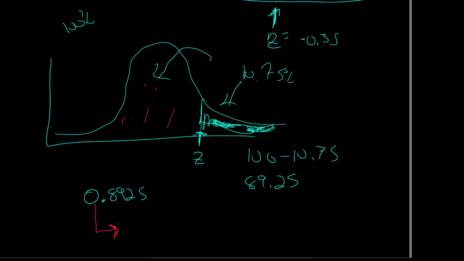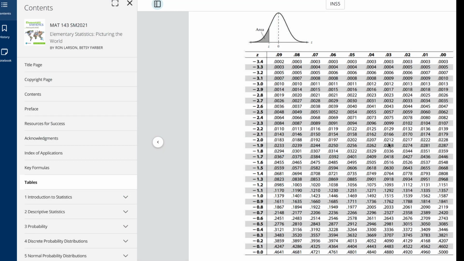We're going to go back to our table and look for this. Again, this number is greater than 50%, so it's going to be in the positive z-scores. Drawing the graph and knowing where our things go usually helps us figure out which table we're going to use or where we look.